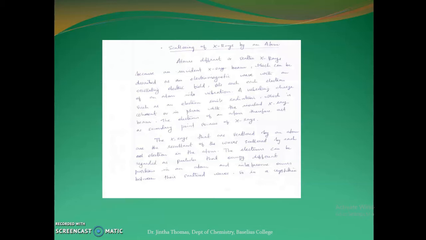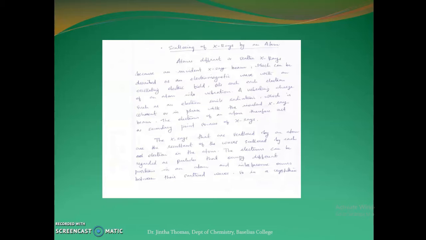Now let us see scattering of X-rays by atoms. Atoms diffract or scatter X-rays because an incident X-ray beam, which can be described as an electromagnetic wave which has an oscillating electric field, sets each electron of an atom into vibration.